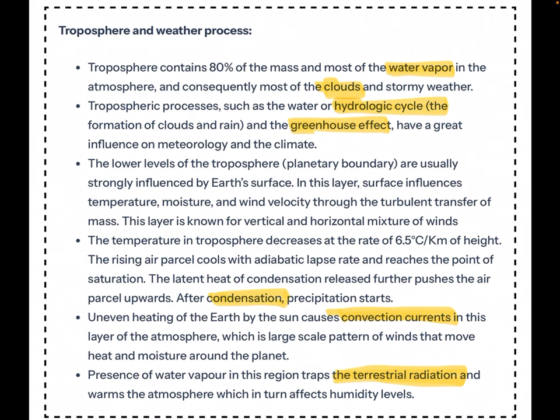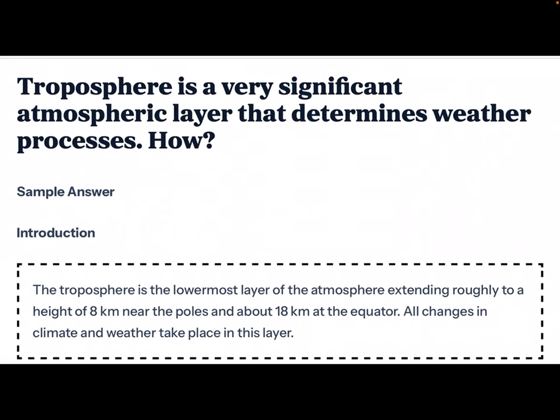So another important process is the hydrological cycle and raining, which takes place at the tropospheric level. Because of these processes, the troposphere is a significant atmospheric level which determines the weather process.